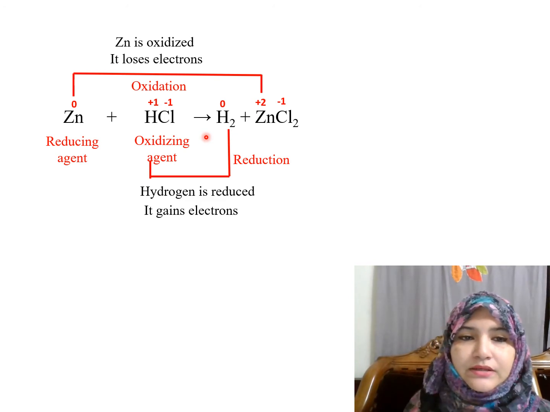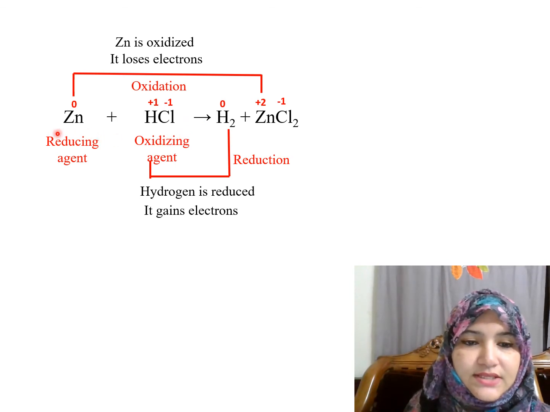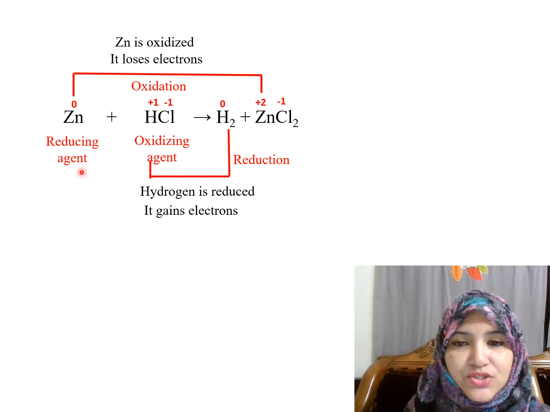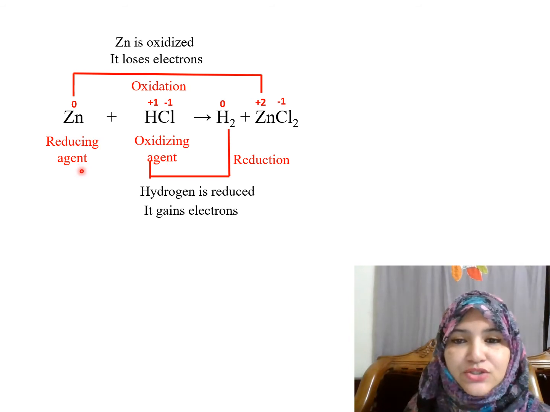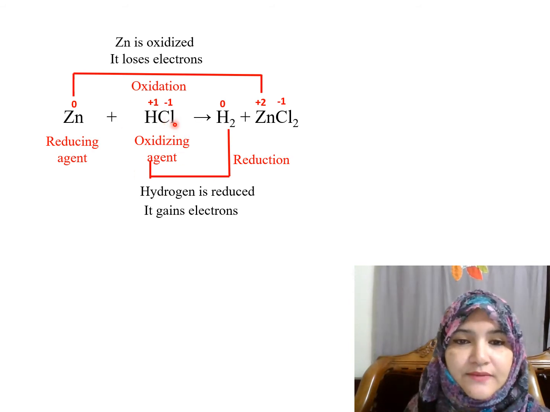Now the substance that is oxidized is the reducing agent. So zinc is the reducing agent, and typically metals tend to be reducing agents. The substance that is reduced is the oxidizing agent, so HCl is the oxidizing agent here.